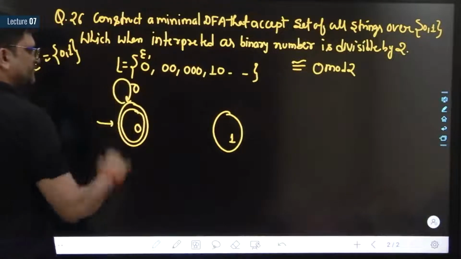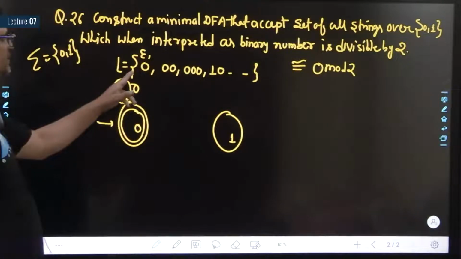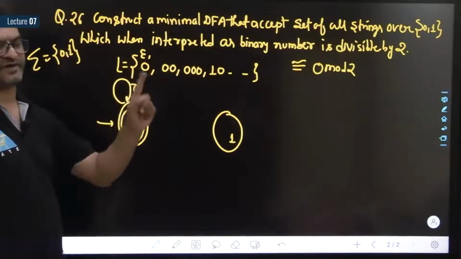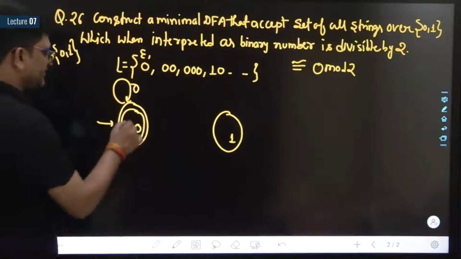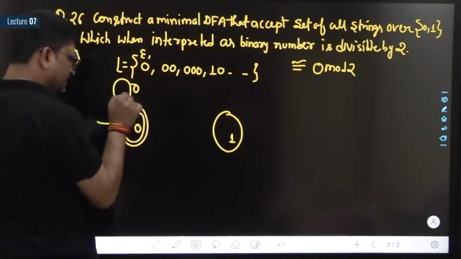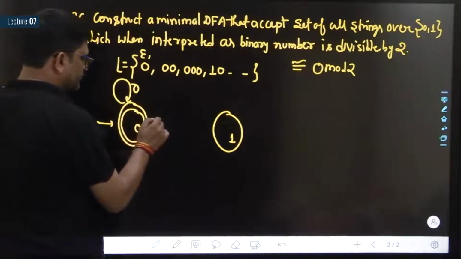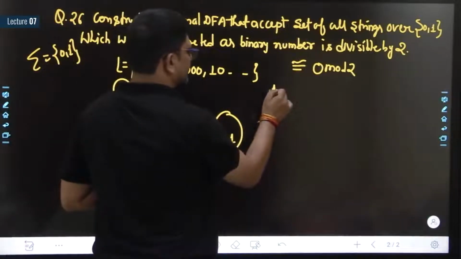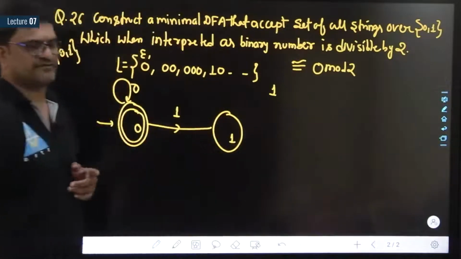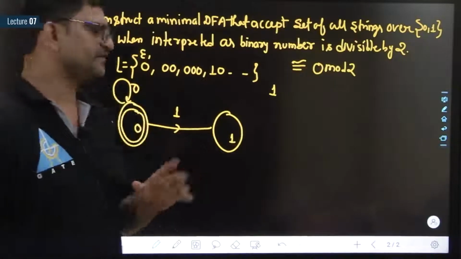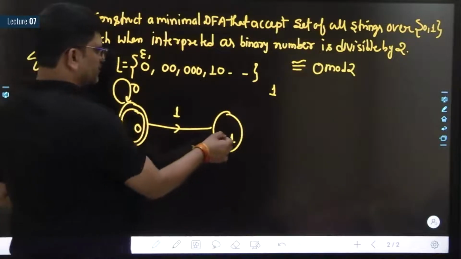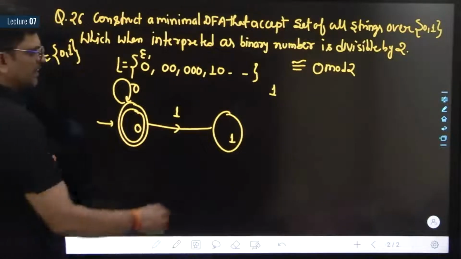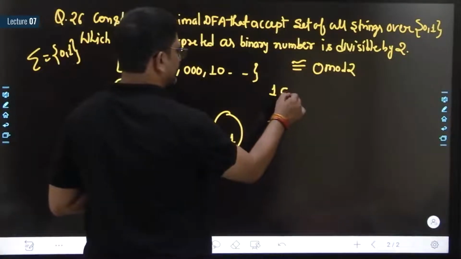Any number of zeros is accepted because the decimal number of 0 is 0. 0 divided by 2, remainder 0. When we see a 1 in this state, it goes to remainder 1. If the binary number is 1, converted into decimal it is 1. 1 divided by 2, remainder is 1. Now come to this state. After 1, we see a 1.